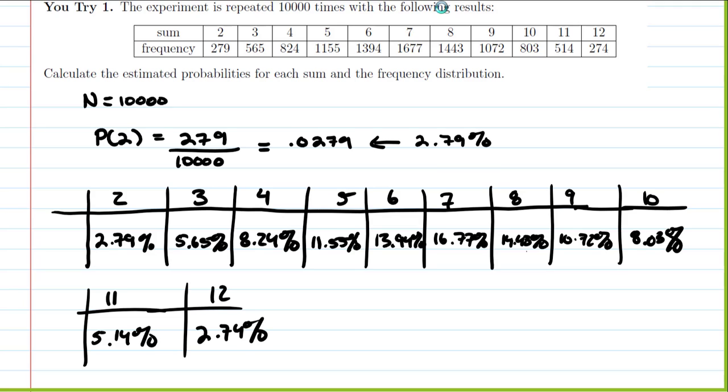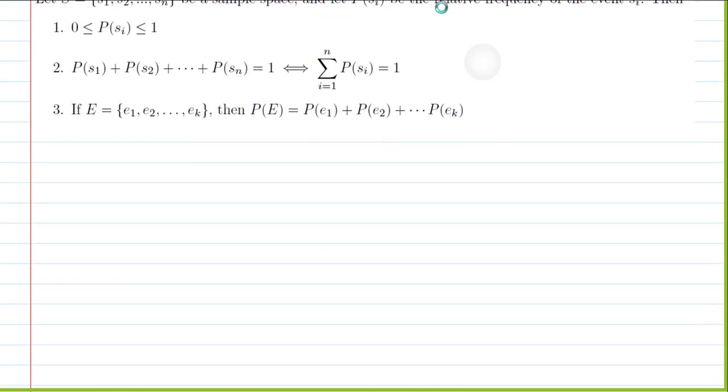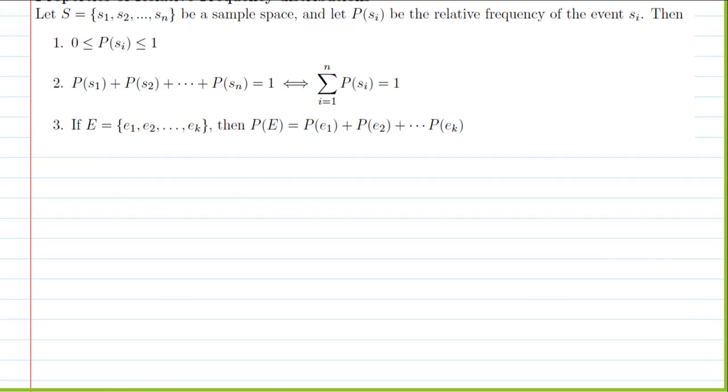So the probability of a 7 or an 11 would be the sum of those two events. So 21.91. So it's just saying if you have a relative frequency distribution for events, we can add those together to find probabilities of other events that are made by combining some other things.